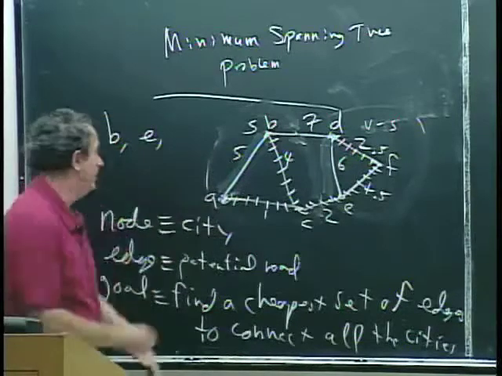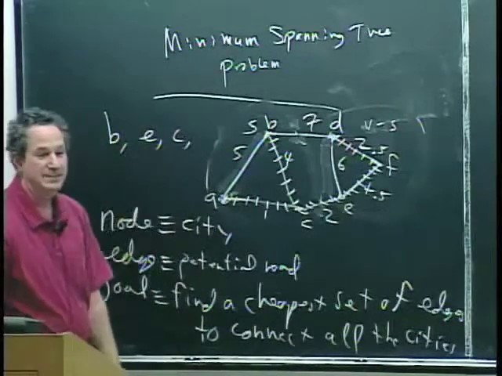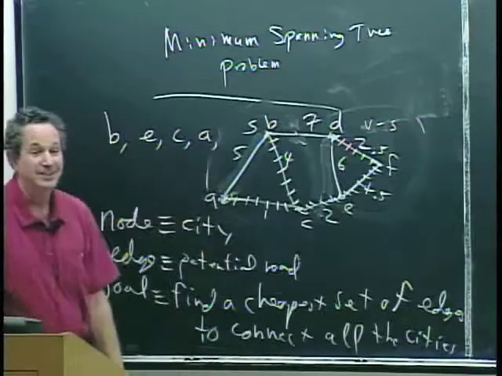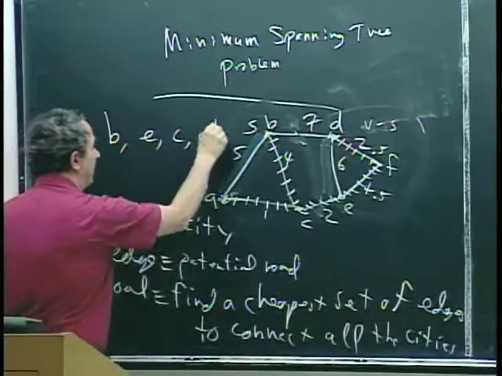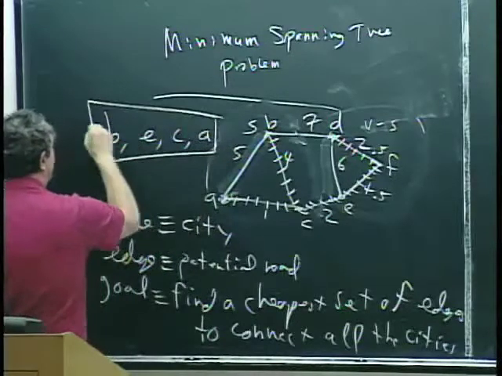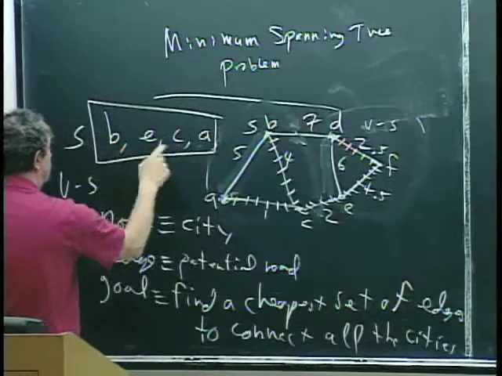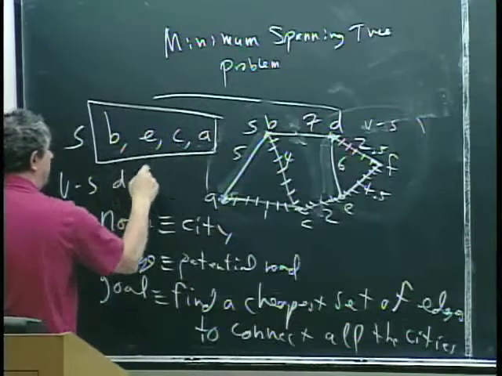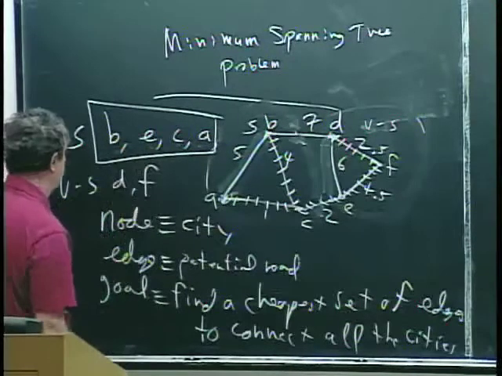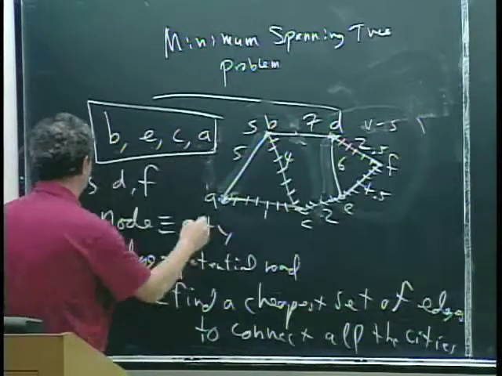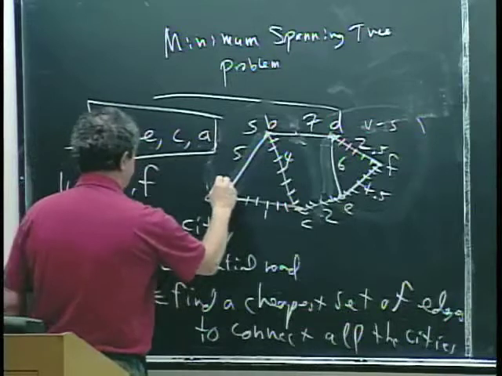C. Okay, somebody better say stop pretty soon. Stop. Oh, good. All right, so this is my S. And V minus S, well, we had A, B, C, so we have D, E, F. That's everything, right?